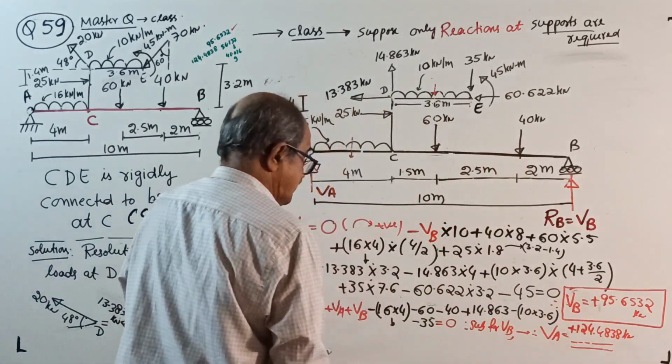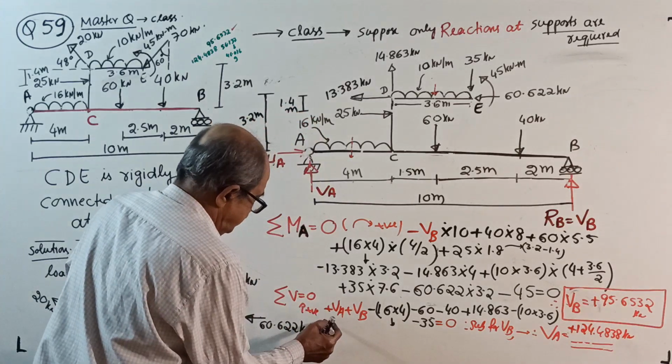Then lastly, if the space is there, sigma H is 0, I had to verify.